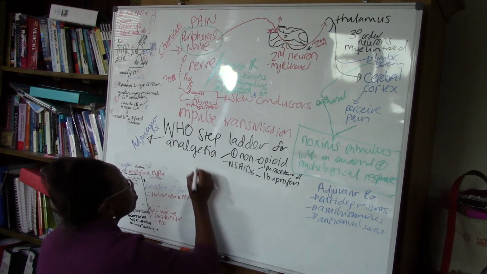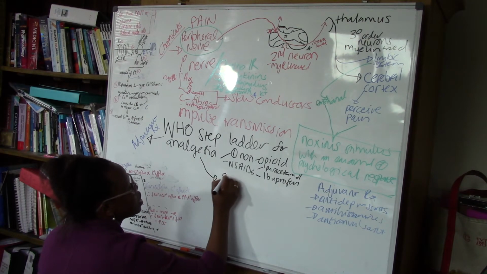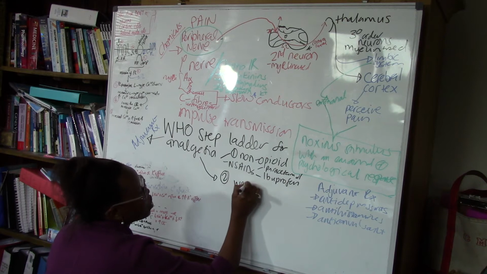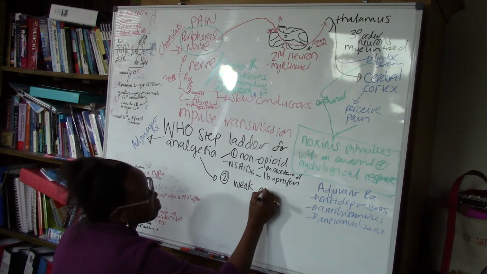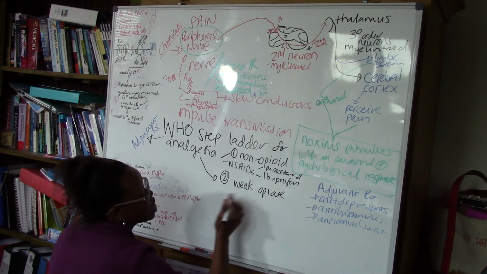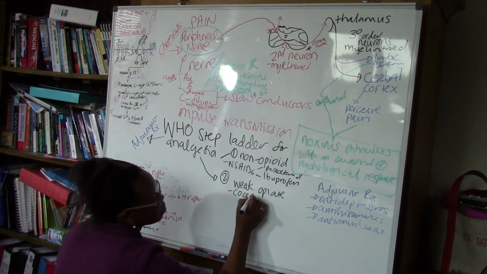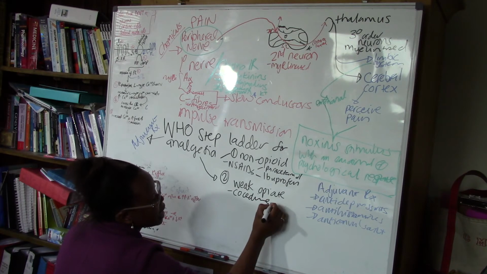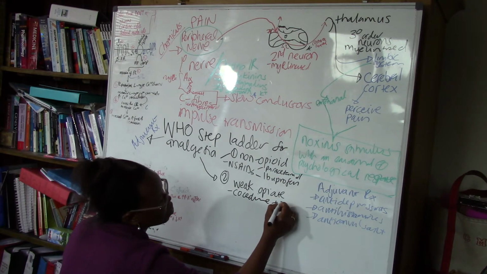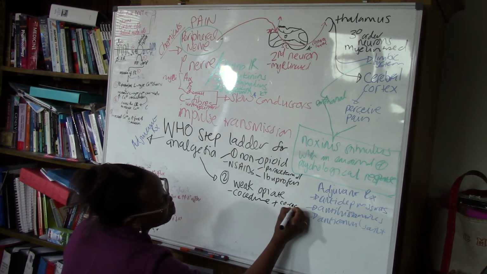Step 2 includes using a weak opioid, and this will include codeine, or indeed as a mixture with paracetamol, where it's co-codamol.